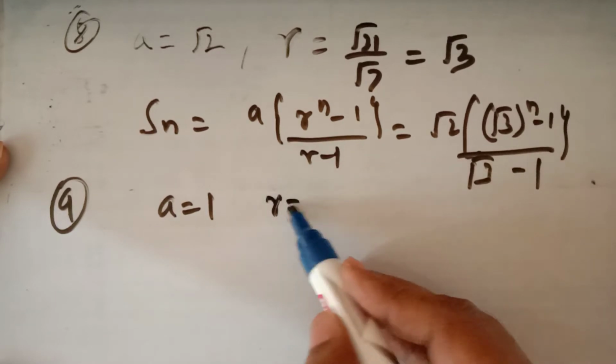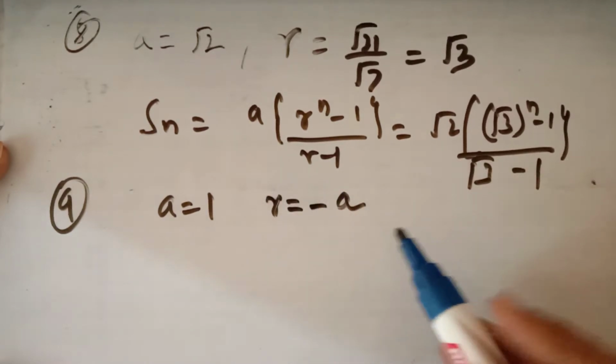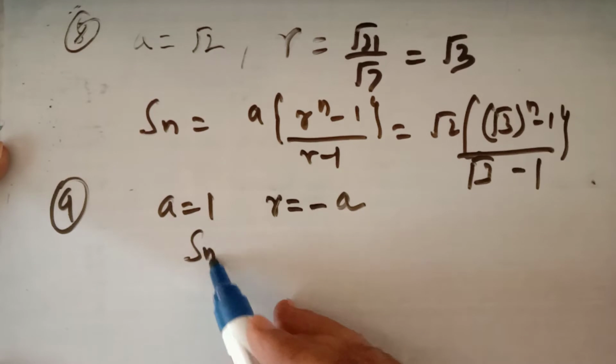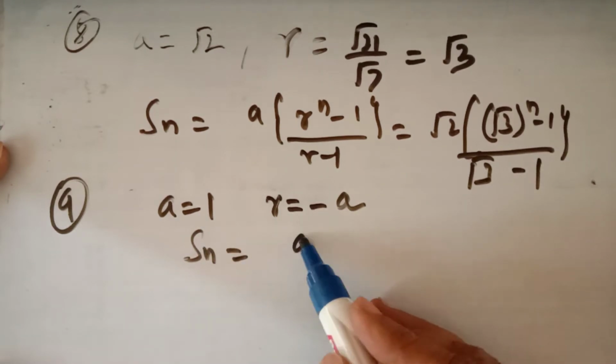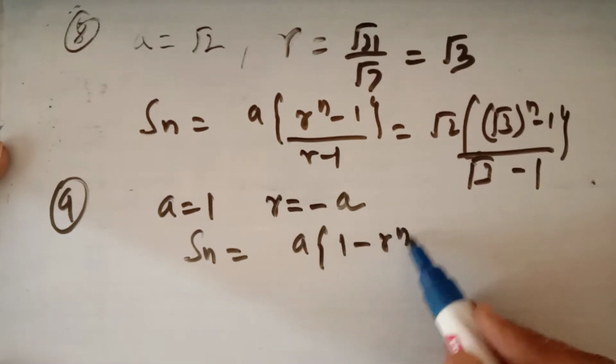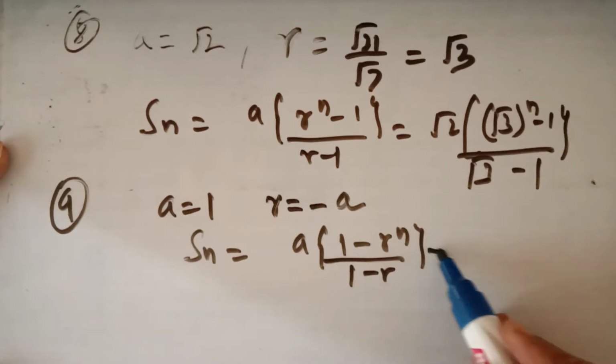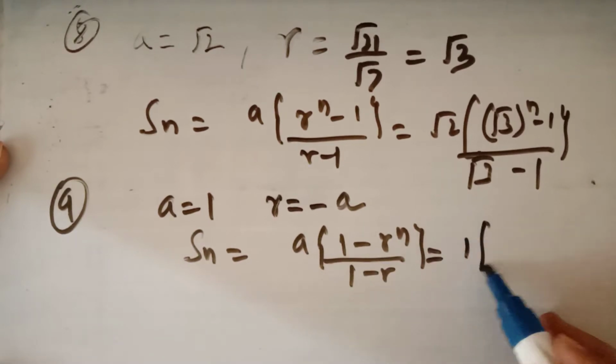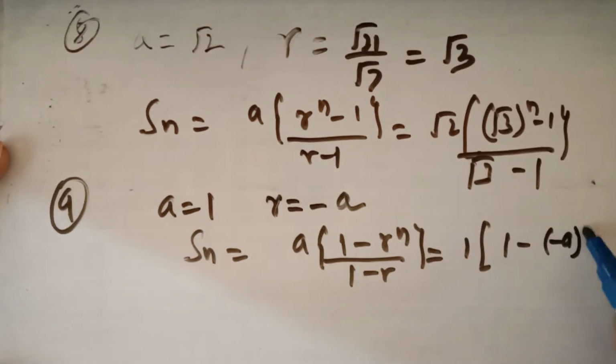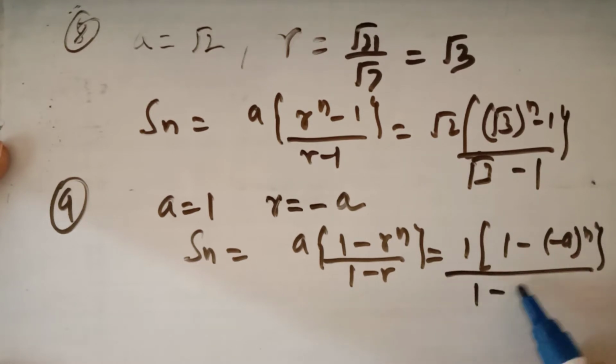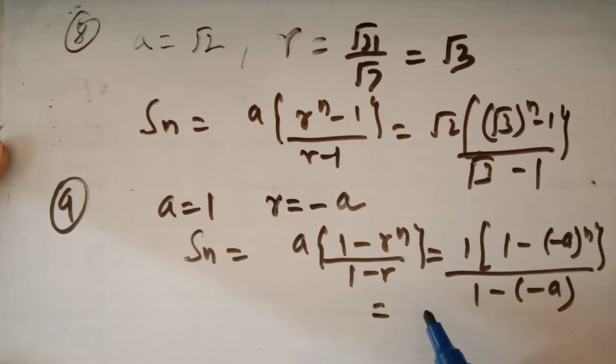and the common ratio is minus a. You have to find the sum of the first n terms, which will be a(1 - r^n)/(1 - r). So the first term is 1, (1 - (-a)^n)/(1 - (-a)), and it is given that a is not equal to minus 1.